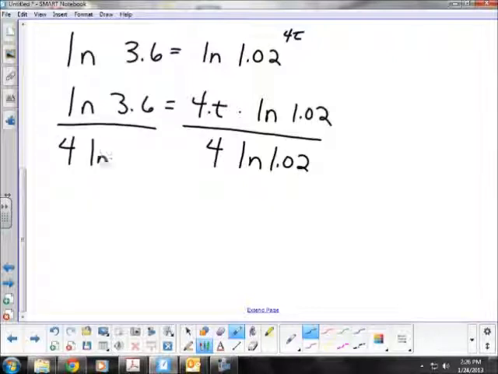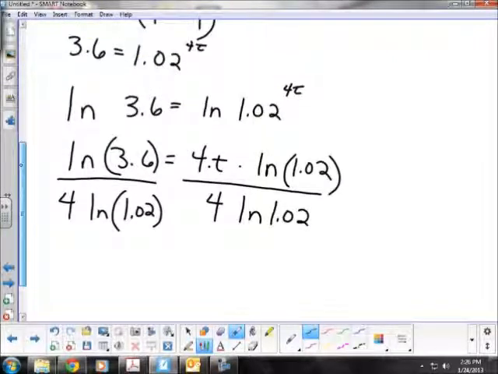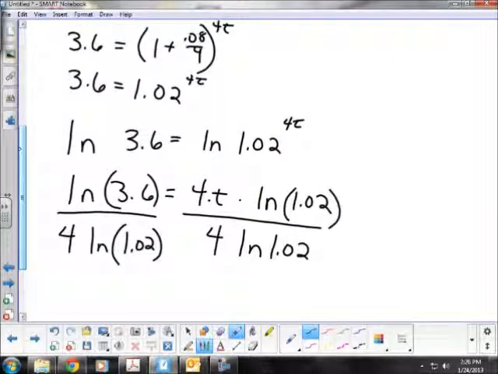So I just took this 4t right here and brought it down in front, because that's my property that says if I'm taking the log of an argument and the argument's raised to an exponent, I can take the exponent down as a coefficient.